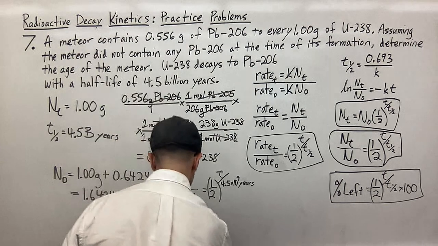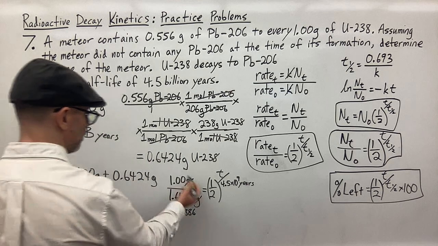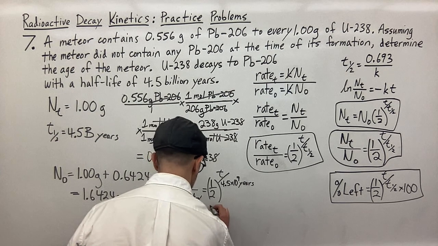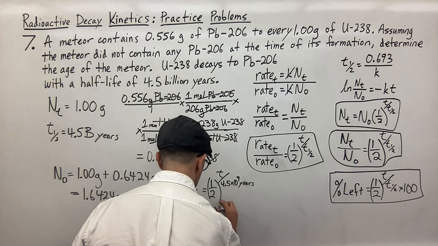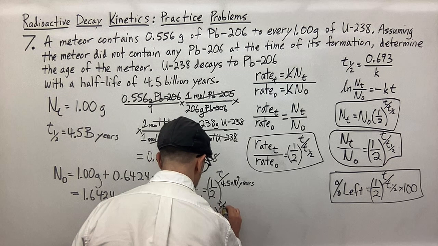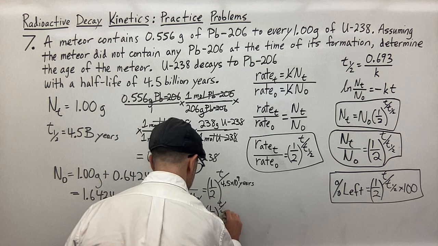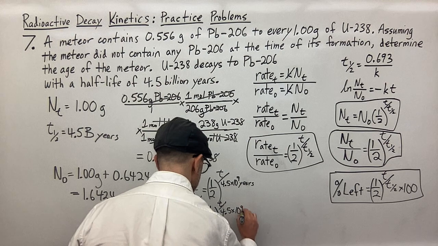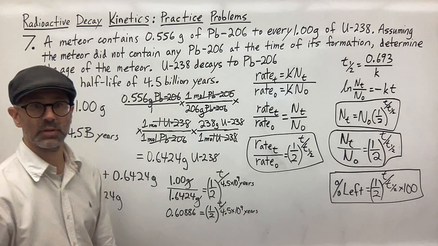Let's throw 6 in there. Okay, grams cancels out. So now this part is unitless. And that's going to be equal to 1/2 raised to the power of t over the half-life, which is again 4.5 times 10 to the 9 years.